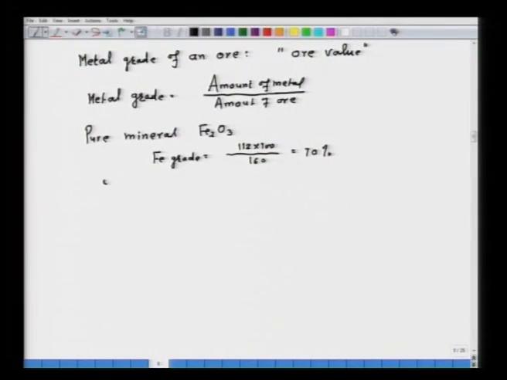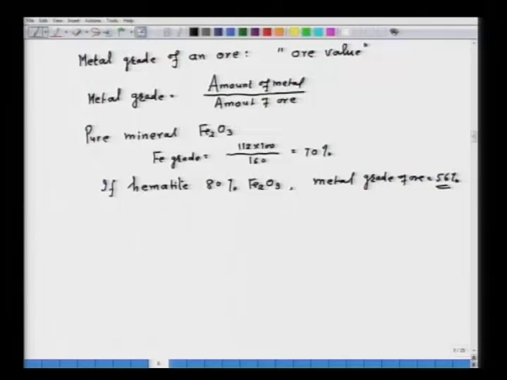Now, if hematite, which is an ore, contains 80% Fe2O3, then the metal grade, or iron grade, of the ore is equal to 56%. What does it mean? 44% is the gangue, and that has to be removed if you are processing the natural reserve, which is hematite. That is important.